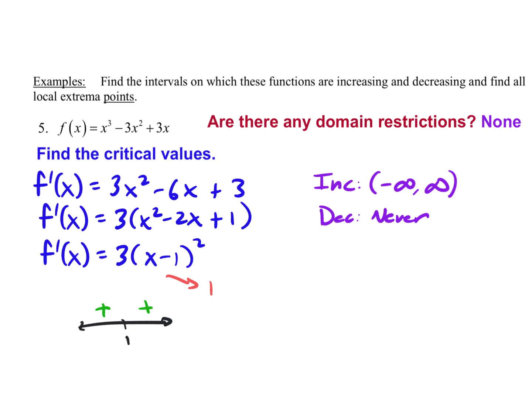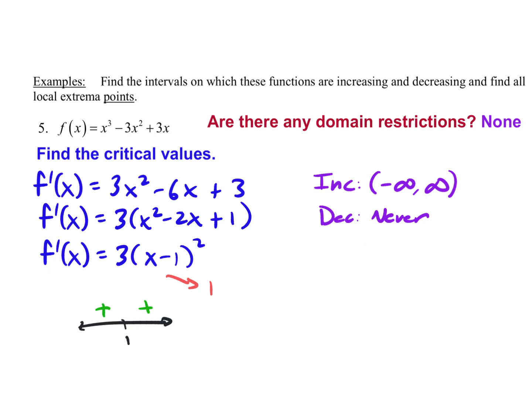Okay? Here's the thing, and we looked at one before. It's technically not increasing when x equals 1, right? Because when x equals 1, the slope of the tangent line is 0. It's not doing anything. It's not increasing or decreasing, right? And so technically, when we say that it increases over the whole thing, what we're really saying is that it never decreases.